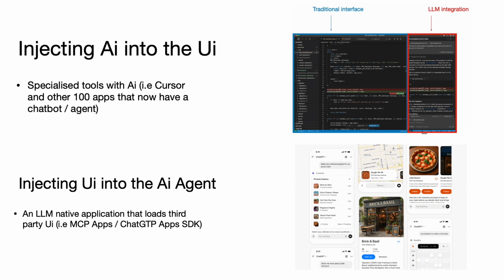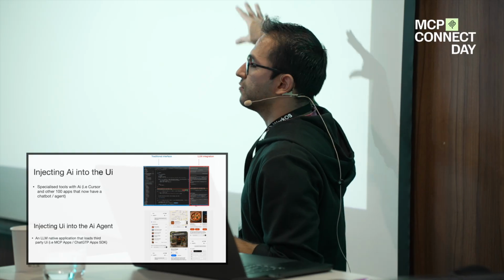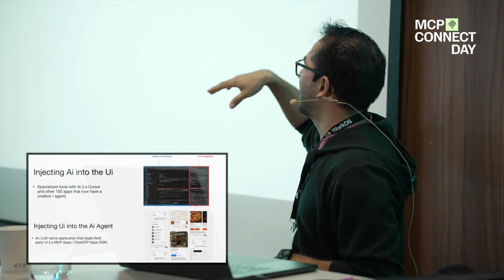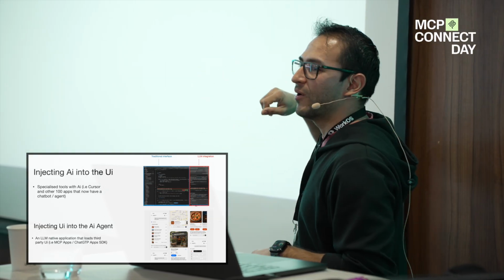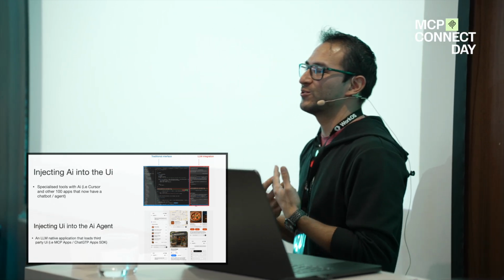We've been used to working with an IDE where you just code and type text, but then Cursor put the agent or the chat interface inside your IDE, and now we have a new way of interacting with UI. So we are injecting the AI into the UI, and everybody started copying that, and now everybody has a chatbot or a chat interface in their UI.